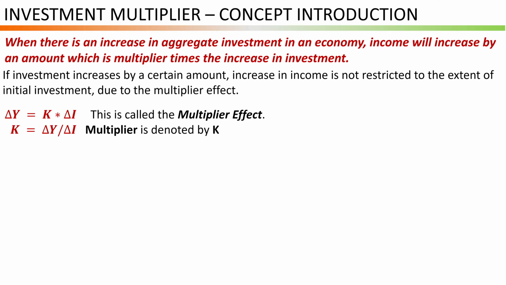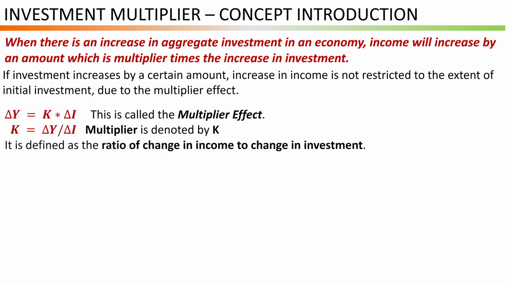So multiplier is delta Y upon delta I and can be defined as the ratio of change in income to change in investment. Let's now understand the relation between marginal propensity to consume, marginal propensity to save, and investment multiplier.